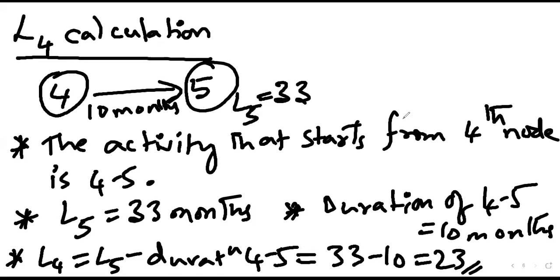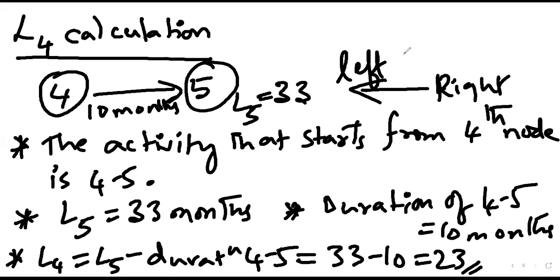For this calculation, we are going from right to left. In the previous calculation, we went from left to right. Now we are going in the reverse direction. For the L calculation, everything will be reversed.